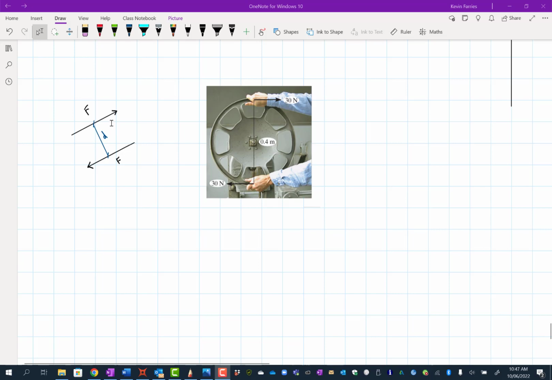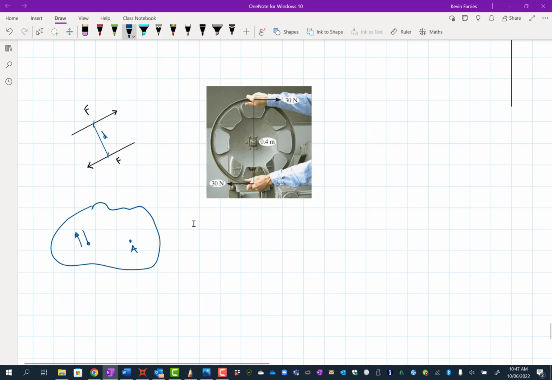The easiest way to visualize that, if you're applying a couple to an object, so suppose I've got some kind of general object and we're applying a couple to that. We're applying two opposite forces, maybe it's got a point of fixity over here somewhere, or we're just interested in finding the moment around that point.